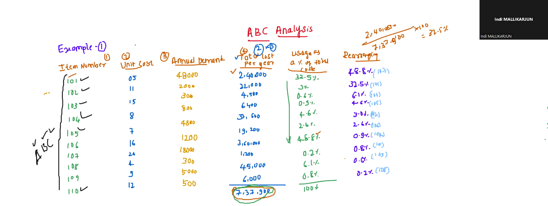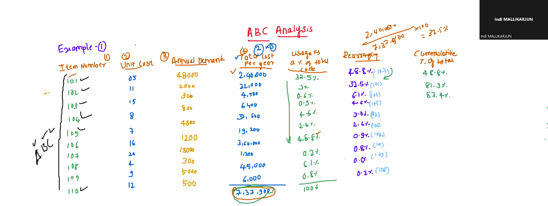Now we have to calculate the cumulative percentage of total. See here, the first one is the same as it is. How much is it? 48.8%, right? What about the second one? Add these two: 48.8 plus 32.5. How much is it? 81.3%. Next, adding 6.1% to this, we will get 87.4%.